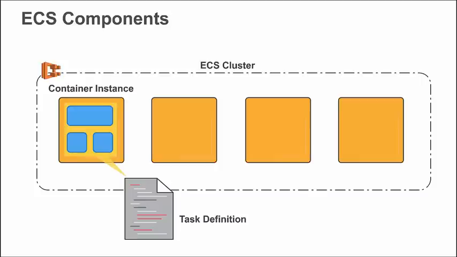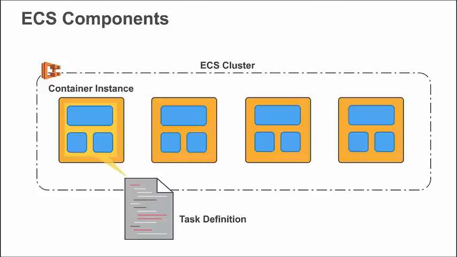It's very likely that you will want to run multiple tasks. The ECS Service Scheduler for long-running tasks and applications will maintain a specified number of tasks so you can scale your application from 1 to 2, from 2 to 3, 3 to 4, and so forth. That ECS Service Scheduler will maintain the number of running tasks you specify.